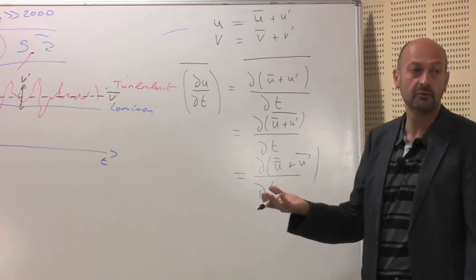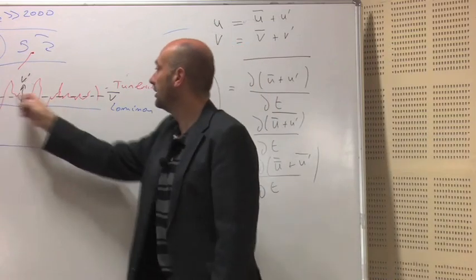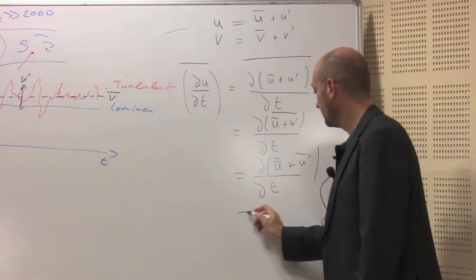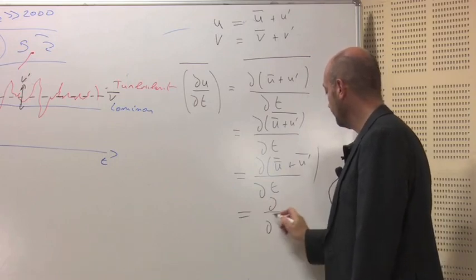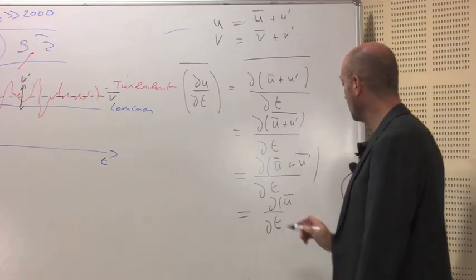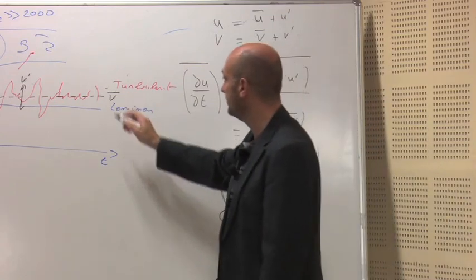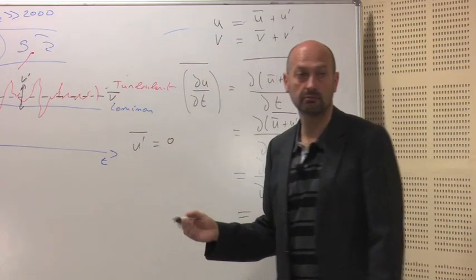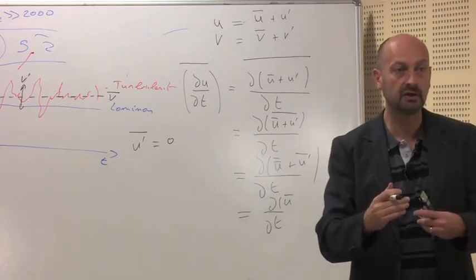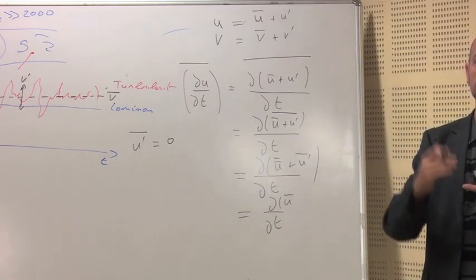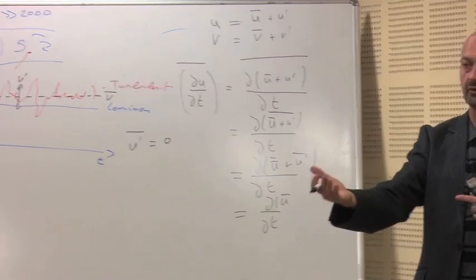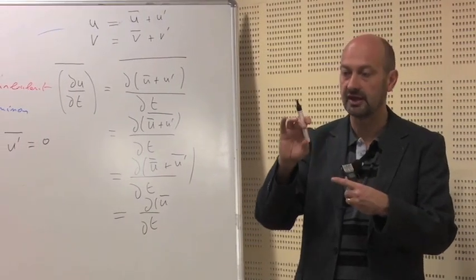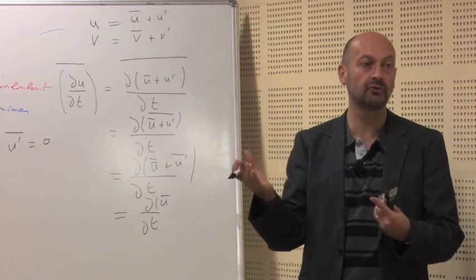The mean of the mean is the mean. When you take the mean here and you retake the mean, it's of course the same. So that will be d over dt of u bar, and of course u prime average is 0 by definition, because u prime is just what is missing from the instantaneous flow field to the mean. So when you make the average of the extra fluctuation, that will be of course 0.